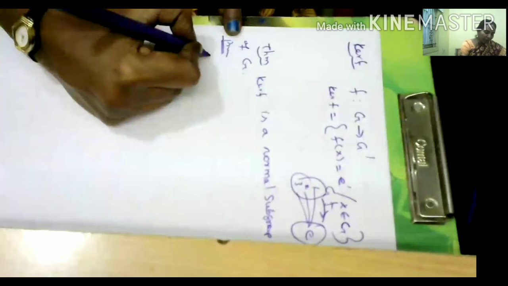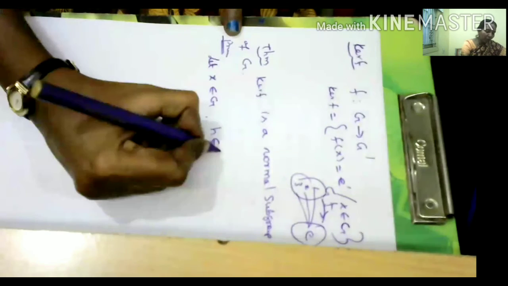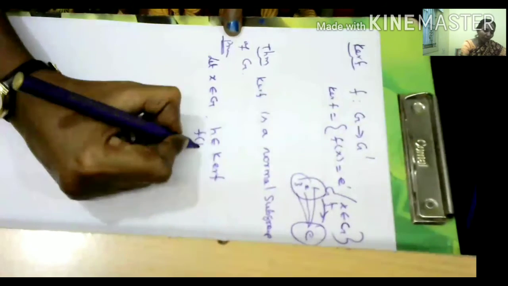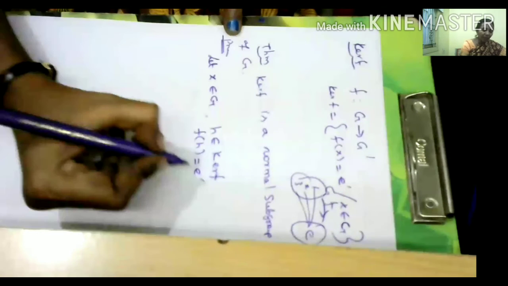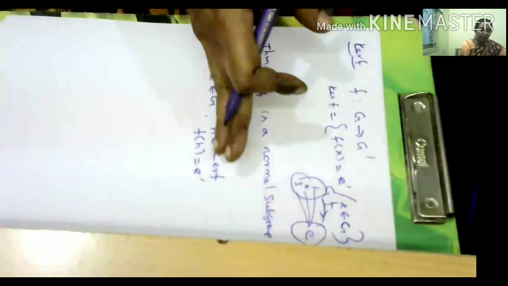So here also, in the same way, let X belong to capital G and H belong to kernel F. H belongs to kernel F means F of H is E dash only, because all the elements from kernel F are mapped to the identity element.